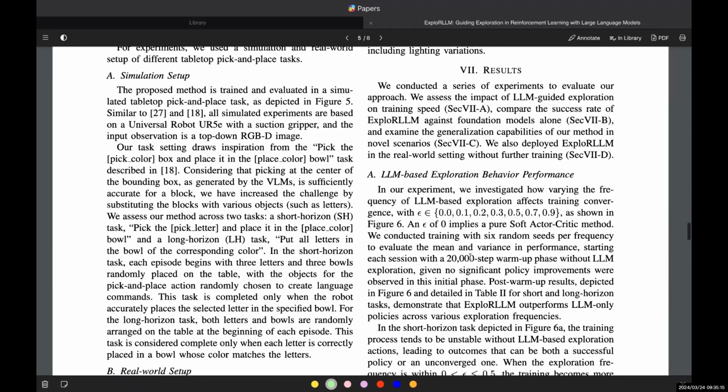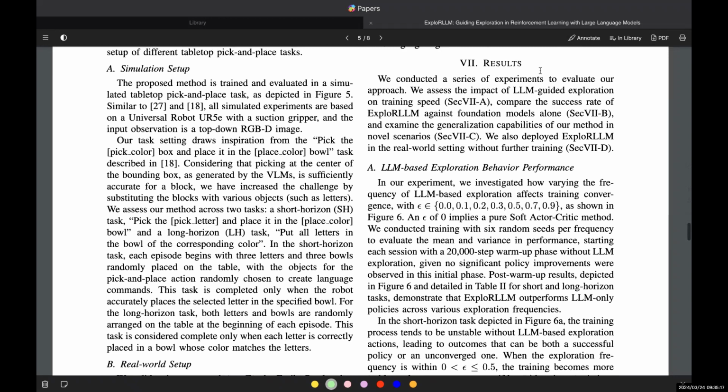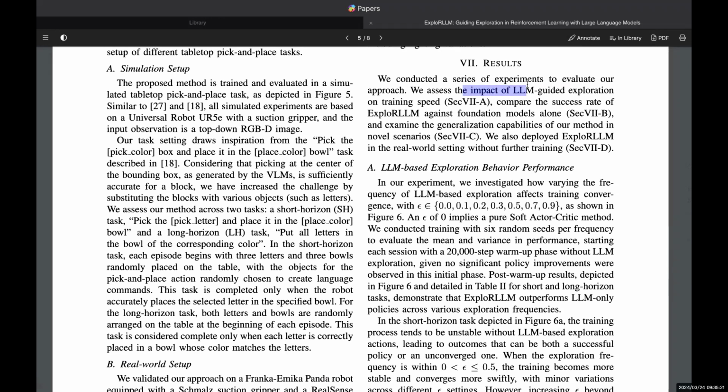In their experiments, they show the impact of large language model guided exploration strategies on the training, and they also demonstrate the generalization capabilities of their trained RL policies in novel scenarios in the real experiments.